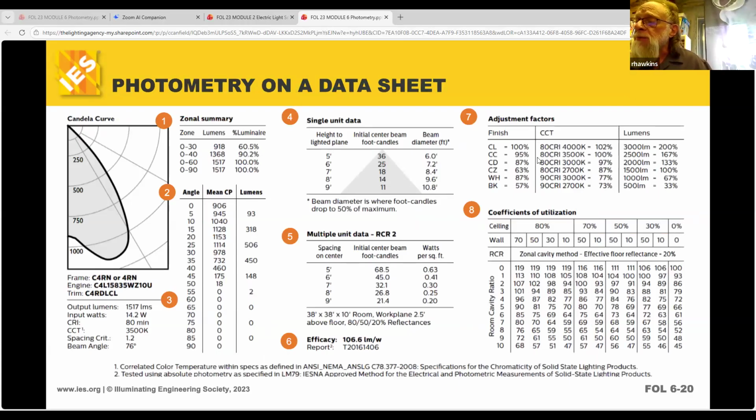Adjustment factors for color with LED land. Remember when I demonstrated blue and then I put that disc on, right? The farther away from blue you get, the less efficient it is because you have to absorb all that light and redirect it farther and farther away in the spectrum from blue. So blue lights, 4000K, actually have a little more light than, say, a very warm light at 2700K down here.